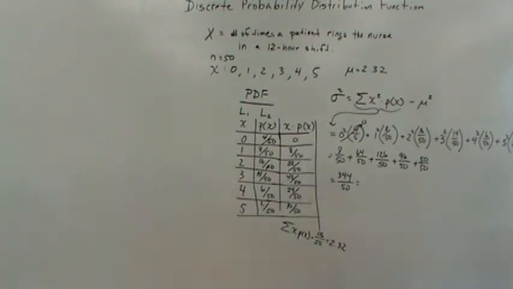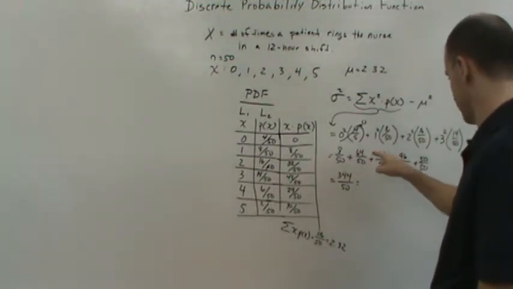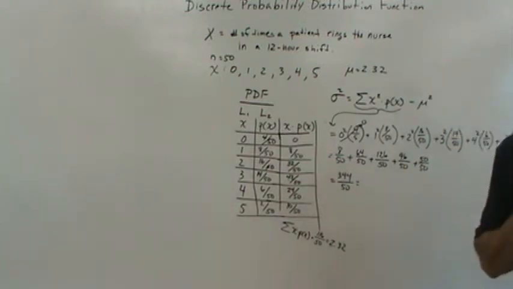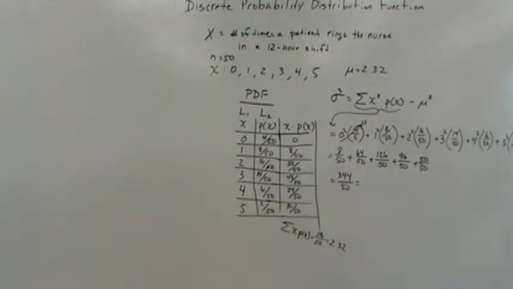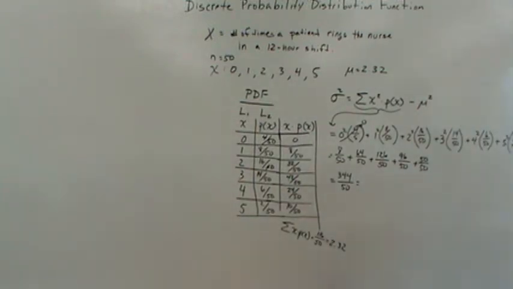Oh, I did add wrong. Wait, no, hold on a second. No, I didn't. I got it right. So 344 over 50, so we get 6.88.